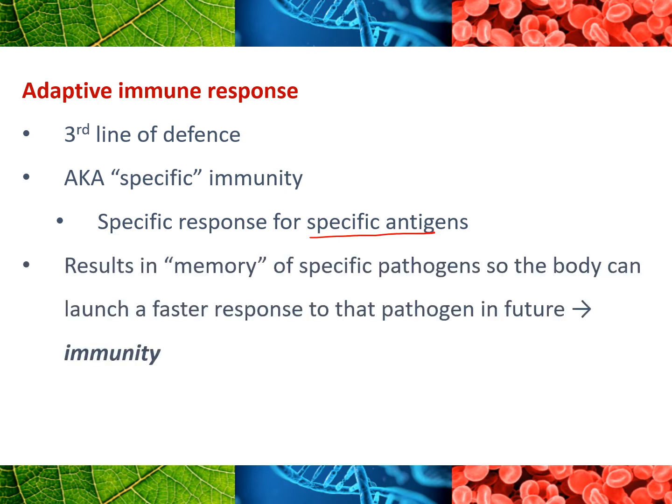A really important feature of this response is that it gives us memory of specific pathogens, which means that in the future, if your body encounters the same pathogen again, we get a faster response. And this is what we often refer to as immunity. So being immune to a disease means that your body has generally encountered that antigen before and is able to launch a faster response.